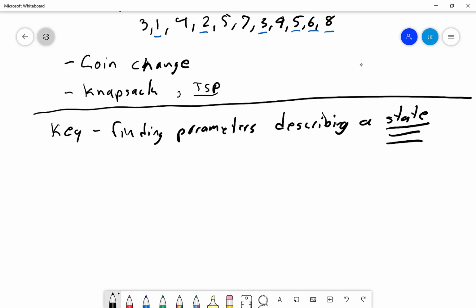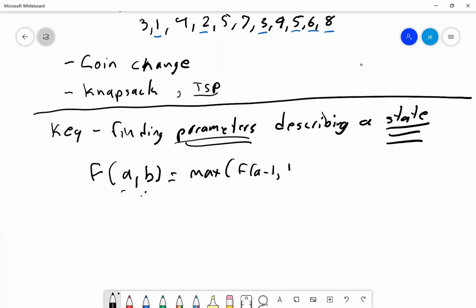The reason dynamic programming problems get tricky and people have difficulty recognizing them is that you need to be able to find parameters that describe a state so that you can write one thing in terms of other ones. So, if I want to find f of a and b, I can say it's the maximum over all of the f of a minus 1 for all the b sub i's.